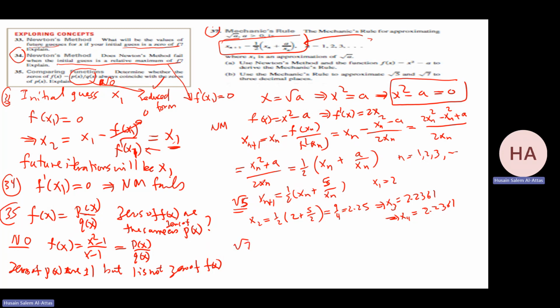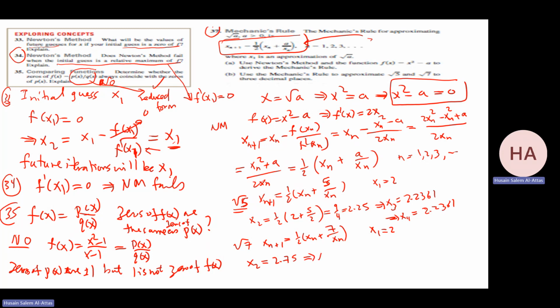Now if I take the square root of 7, I have xn plus 1 equal half xn plus 7 over xn. I'll start with 2. Do the calculations, you'll now get 2.75. You can check.